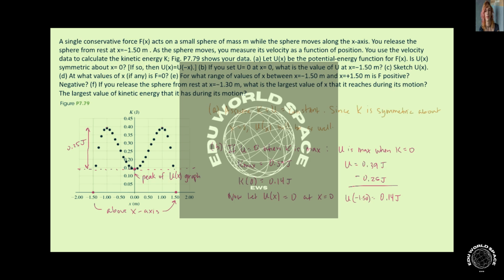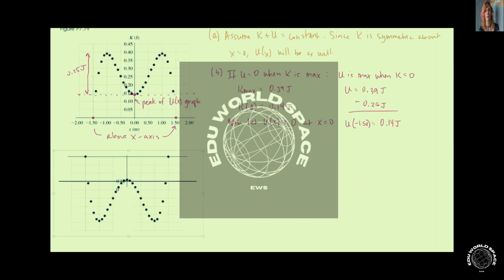And now finally, we are asked to sketch U of x. So give me just a moment. I took this image of our kinetic energy curve and simply flipped it over across the horizontal axis and then put on a new x equals 0 axis. Let me grab a screenshot. So here is what U of x is going to end up looking like.